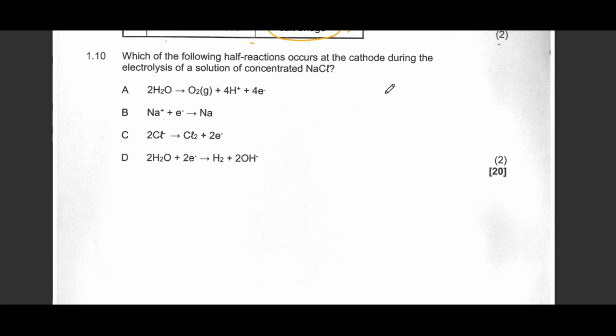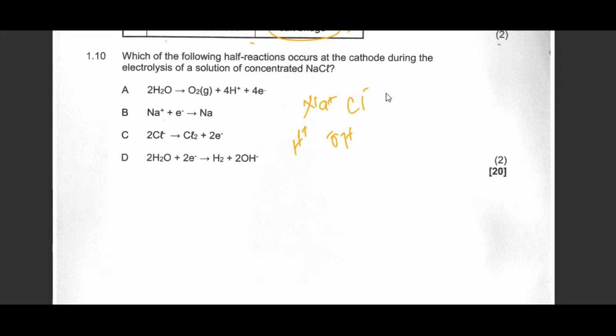So during the electrolysis of concentrated sodium chloride, you have different ions there, but the ions which are there are some which are preferred than the others. Yes, you have the positive, which is sodium, and then you have the negative, which is chloride, then you have the OH, then you have the hydrogen.